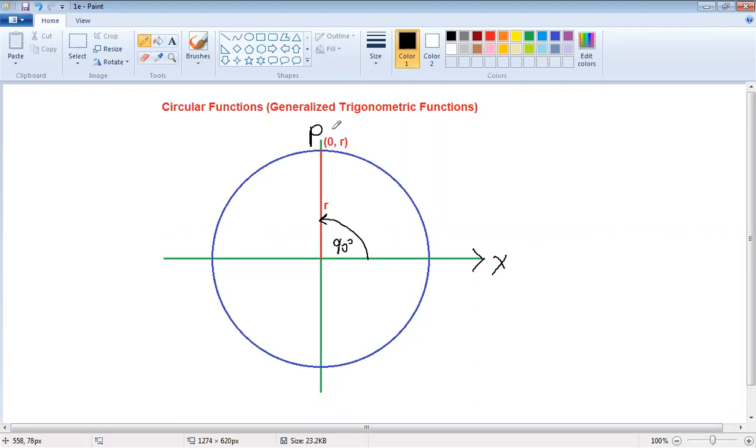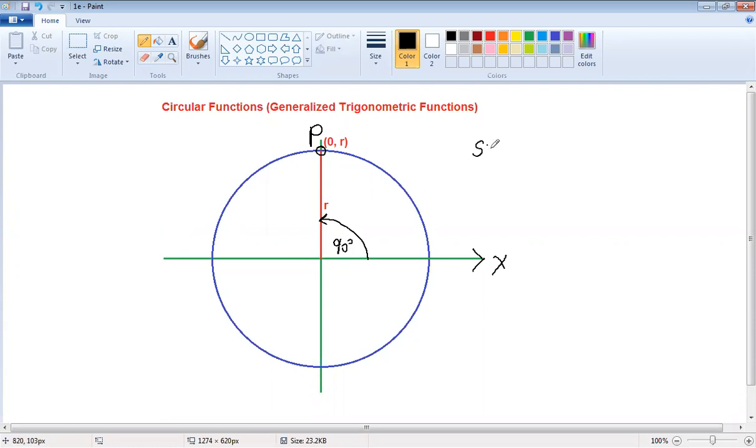This means the x coordinate will become 0 for this point, because the x coordinate is positive when the point is towards the right side of the y-axis, and negative when it is towards the left of the y-axis, and when the point is on the y-axis, the x coordinate is 0. And the y coordinate is just equal to the radius, as is clear from the picture.